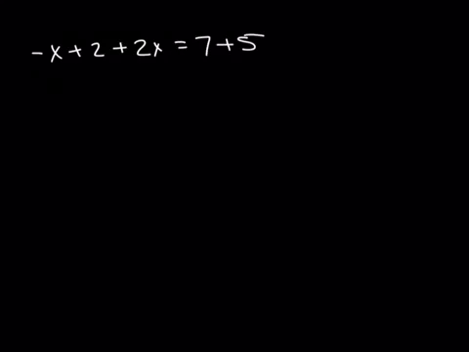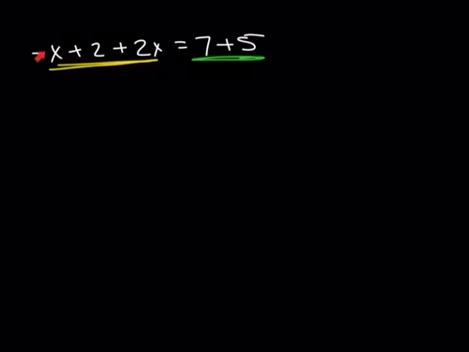What happens here is most of the time there is stuff you can do on this side of the equal sign and stuff to do on this side of the equal sign before you worry about getting x by itself. So we're simplifying the left-hand side and the right-hand side before we even do anything.